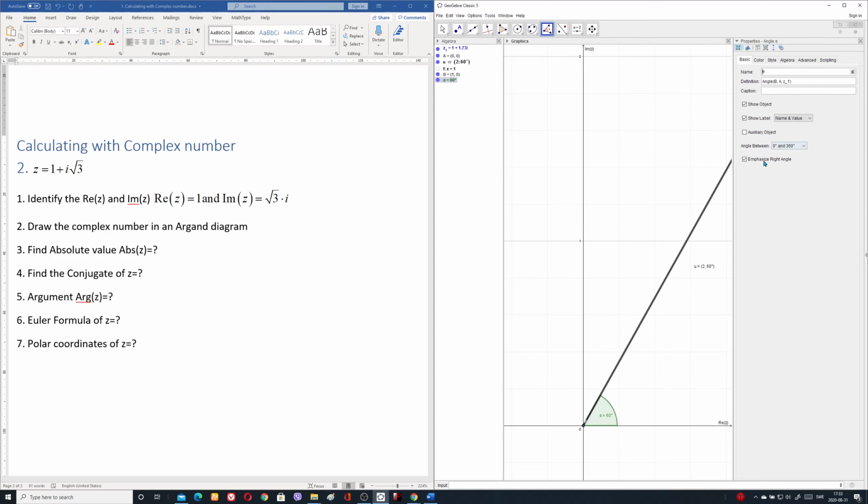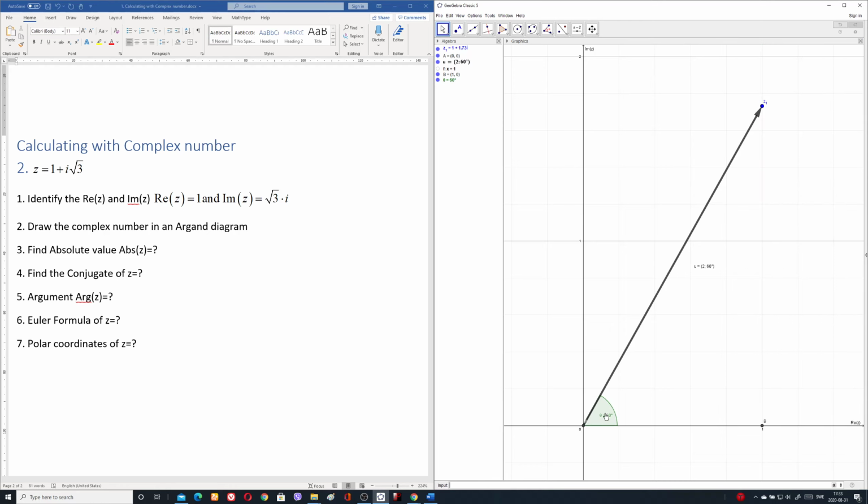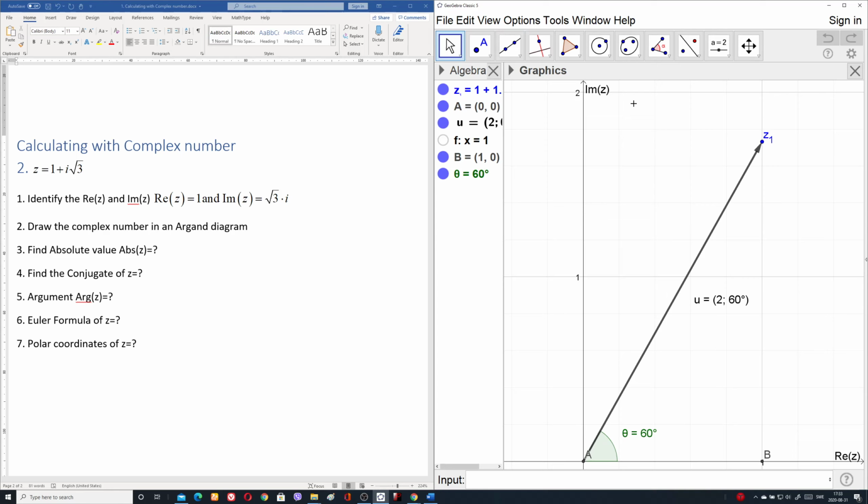Let me see if they changed, and they changed. Now we have a theta. Let me take options here. I'd like to take 32 font size. Good.